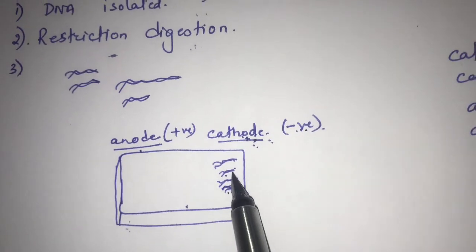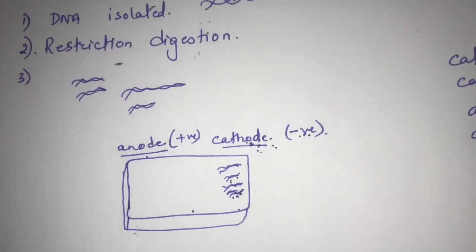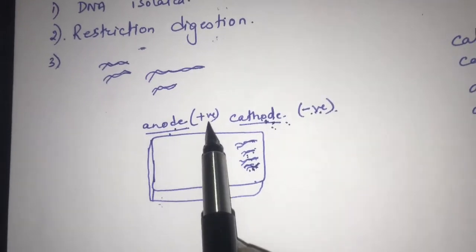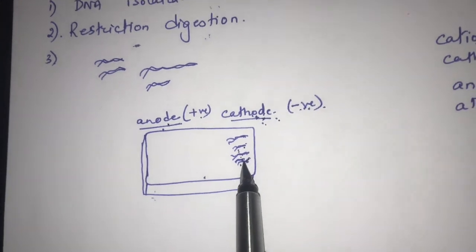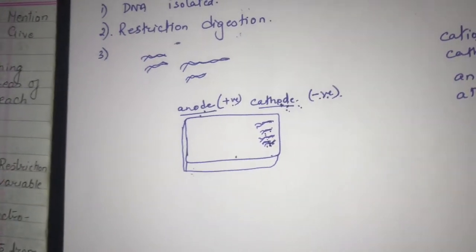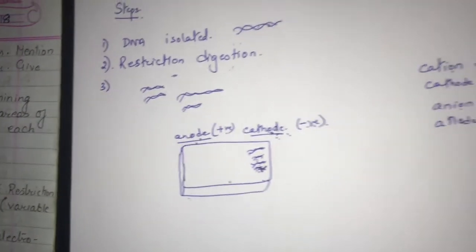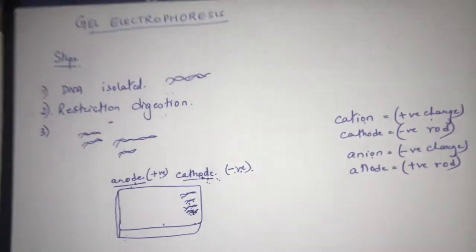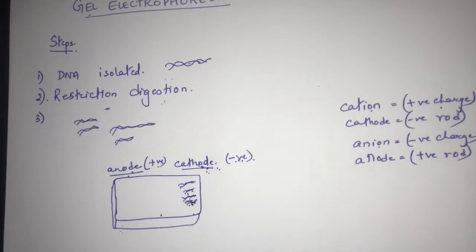This negatively charged molecule of DNA moves towards the positively charged anode under the electric field.